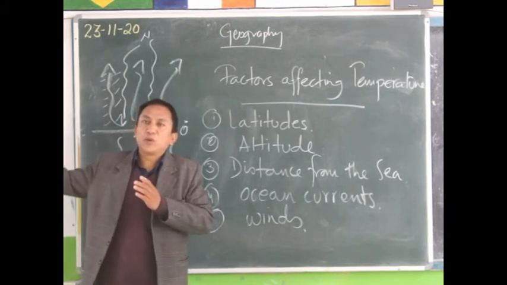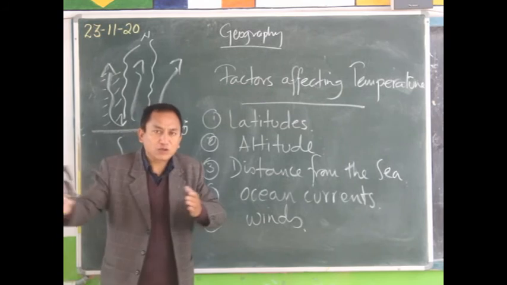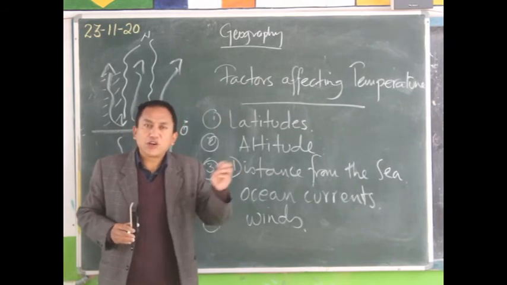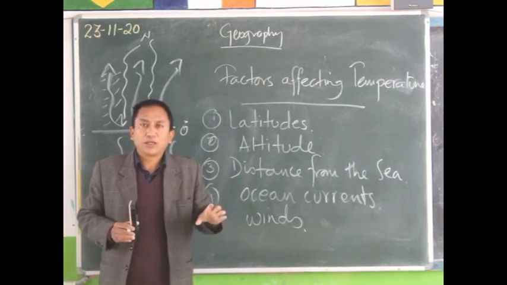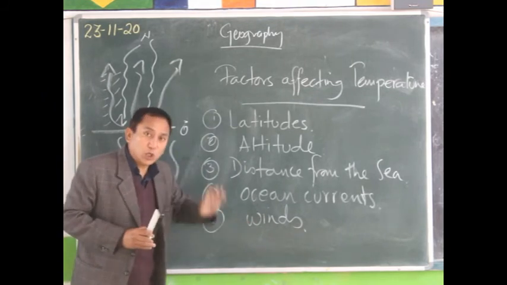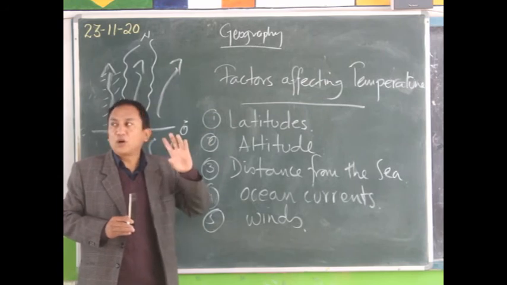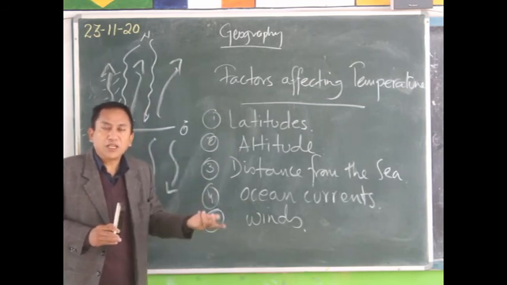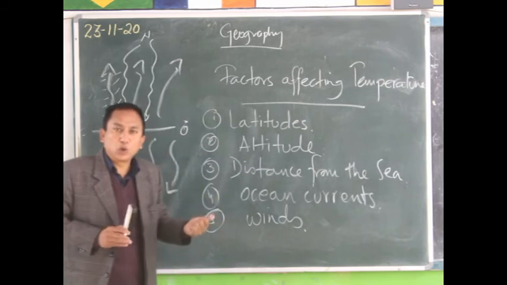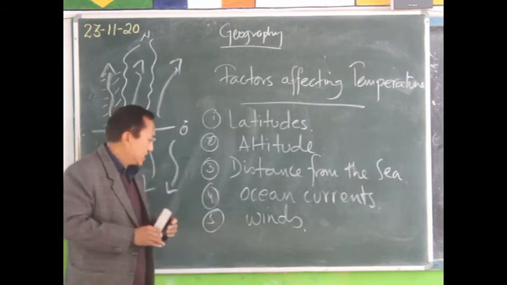And I told you, when cold winds from the Himalayas blow over this region, Pakyong, the temperature of Pakyong will slightly go down. That is because of the winds. So winds also change the temperature of a place. They can either increase or decrease it depending on their temperature. If it's a very warm wind, the temperature will increase. If it's a very cold wind, the temperature will decrease.